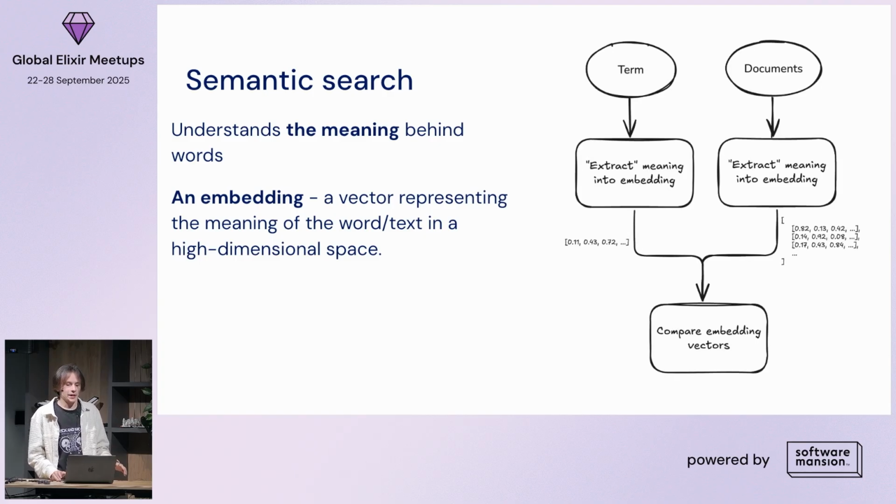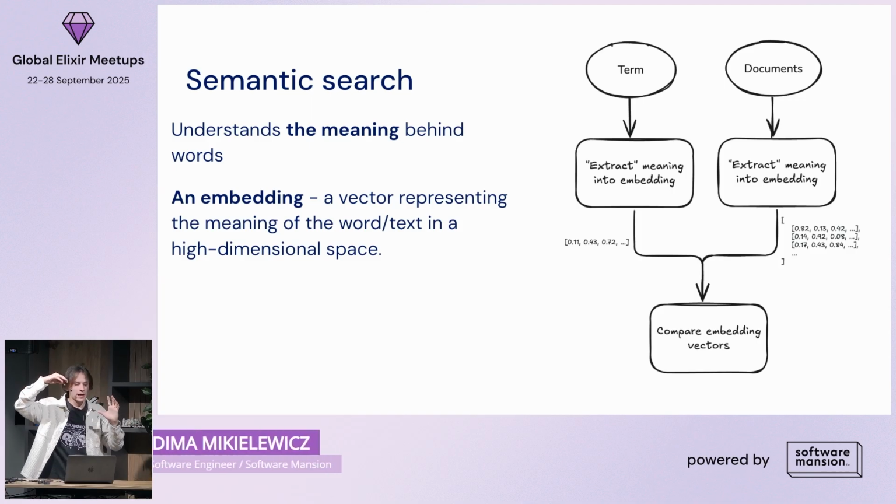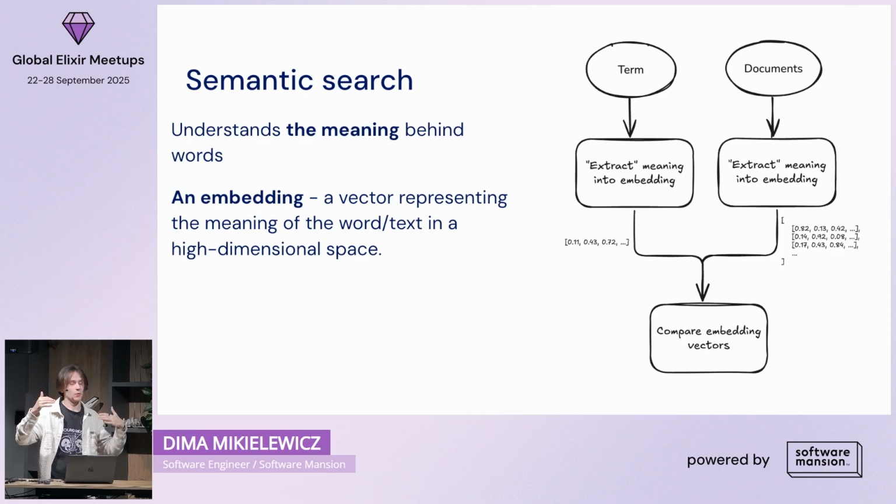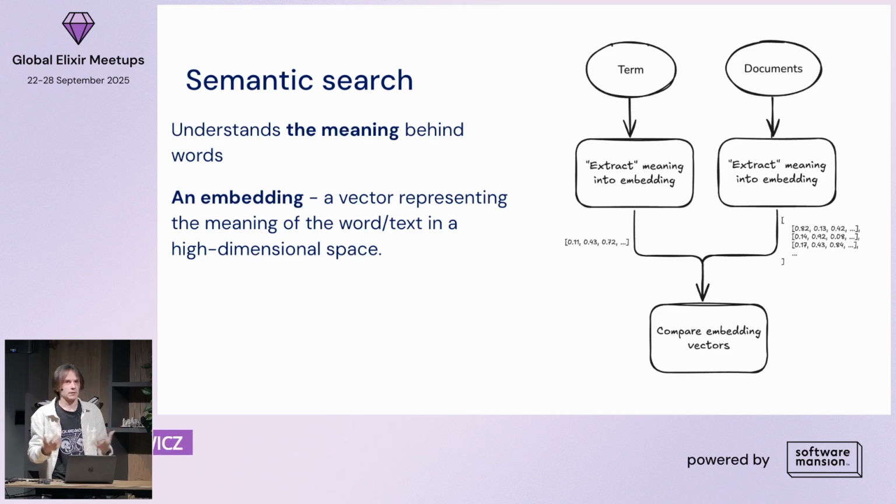It works by, you need to create embeddings for your data first, and then you need to create embeddings for your term, and then you compare these two together. So you compare your embedding with every embedding for the rows in your database, and if they are close, they are prioritized and returned first.